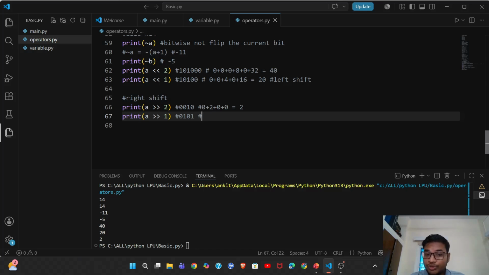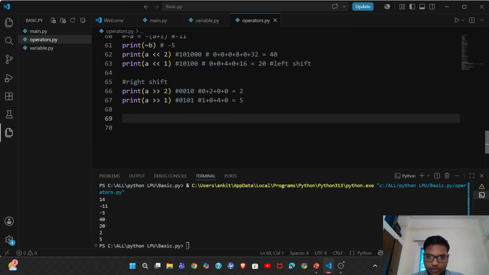Then 2 to the power 0 is 1, 2 to the power 1 is 0, 2 to the power 2 is 4, and 2 to the power 3 is 0. That means the value will be 5. Just see, 5. Correct?